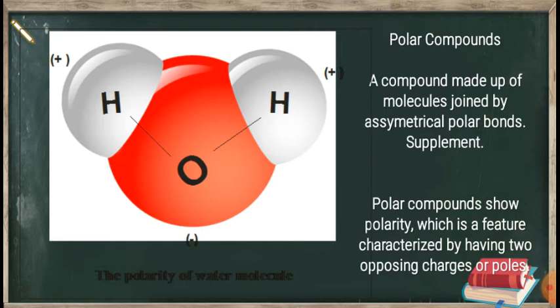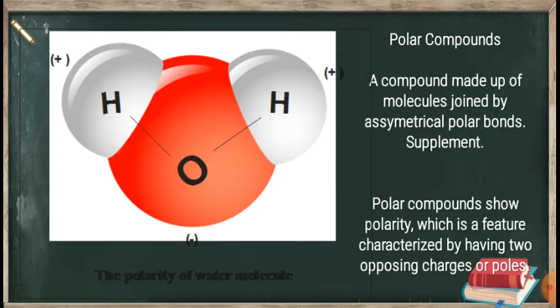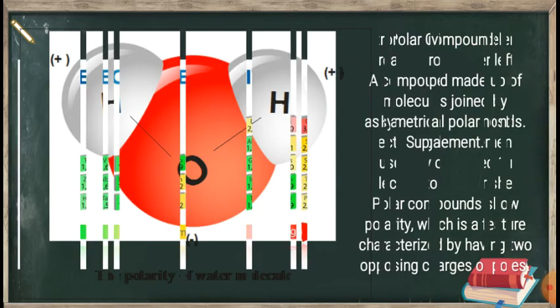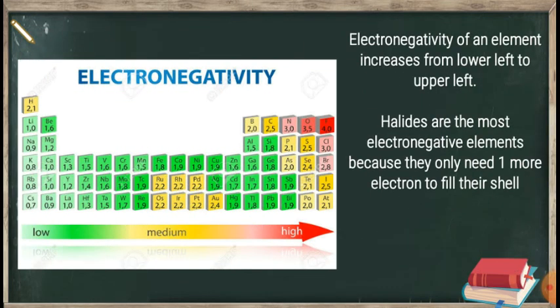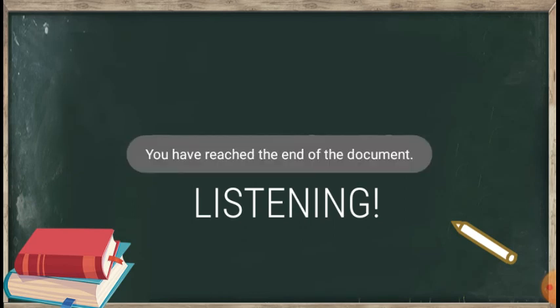So we saw here a compound made up of molecules joined by asymmetrical polar bonds. What does asymmetrical mean? H2O is asymmetrical, unlike carbon dioxide. Let me draw carbon dioxide.